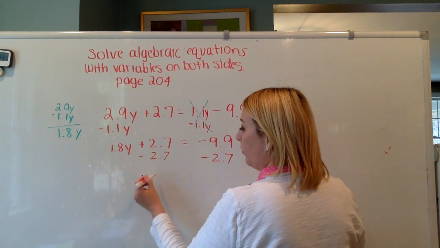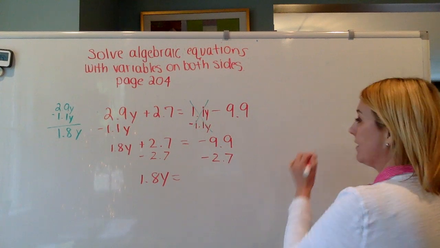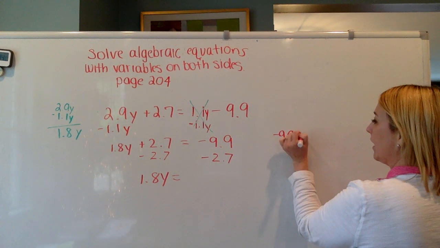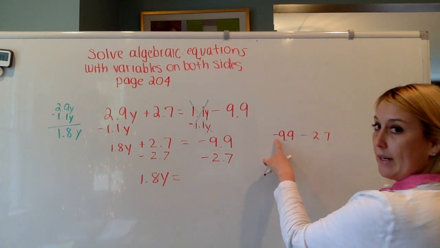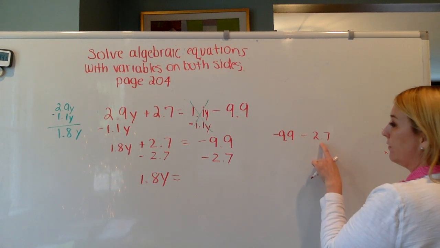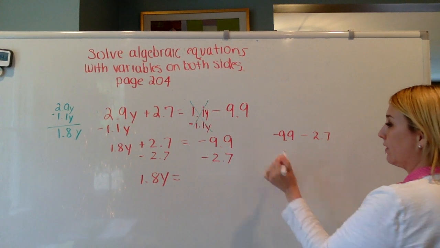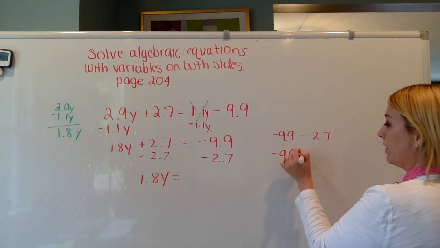So I've got 1.8y. And then I do my work on the side, and I have to write it out to be sure, negative 9.9 minus 2.7. So I've got a negative here, and I'm taking away a positive. So I've got a negative 9.9 minus positive 2.7. So I know I have to do my additive. I'm going to add.